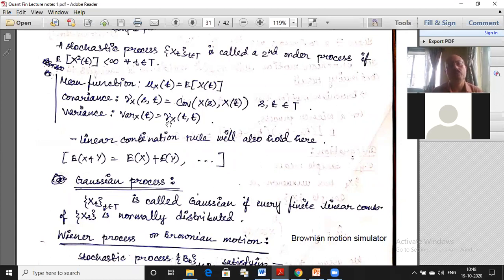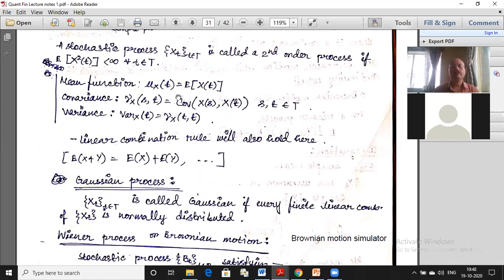If we want to talk about correlation, we will use the symbol R, and this autocovariance function, we will use the symbol gamma. And mu is always our mean. And again, if we want to talk about variance, we will use the symbol sigma. That's the usual tradition.